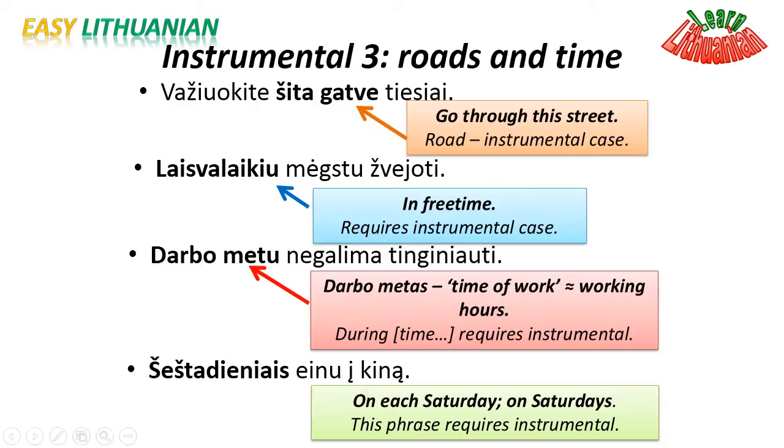So when you want to say on Saturdays, you use Saturdays in instrumental case, and this means each Saturday. So this is the instrumental of plural for the day of the week. So you can say pirmadieniais on Mondays, antradieniais on Tuesdays, trečiadieniais on Wednesdays, and so on. So šeštadieniais on Saturdays, or each Saturday.